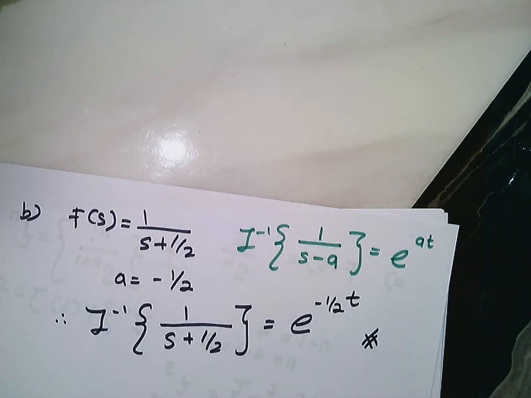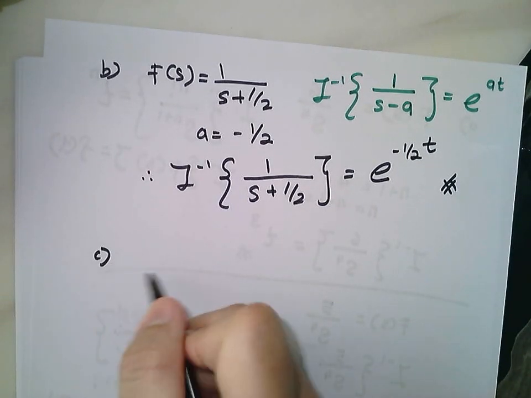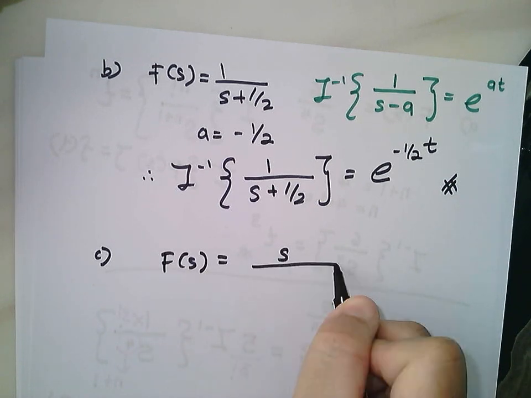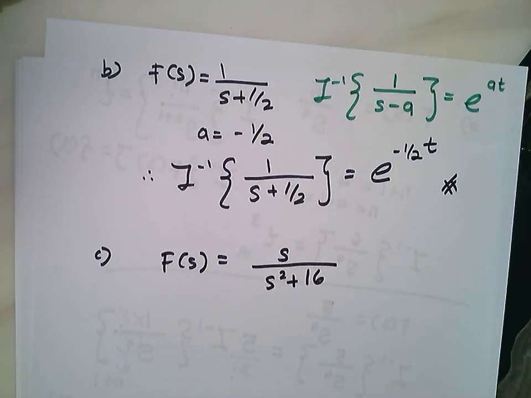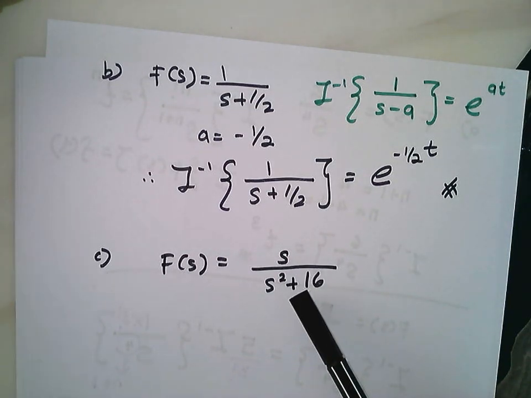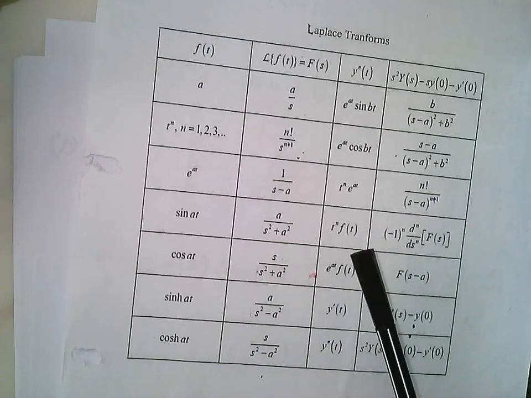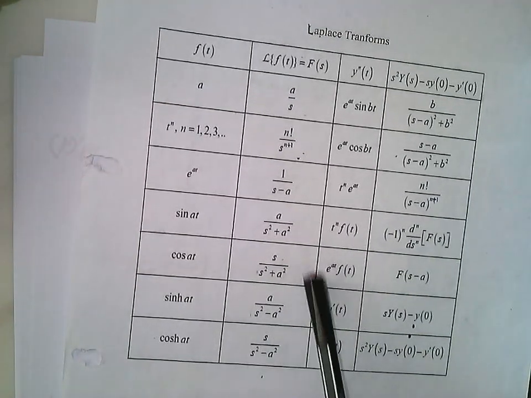So take a look at the third one. Let's say you have F(s) is equal to s over s squared plus 16. For the numerator part, you have a variable s. For the denominator part, you have a plus sign here. By looking at the table of the Laplace transform, it is one of these 4 functions, isn't it?